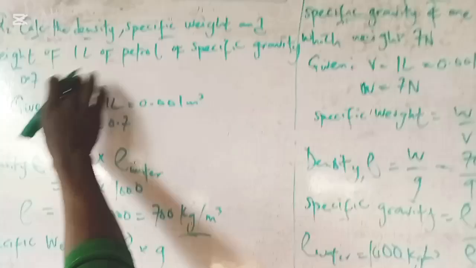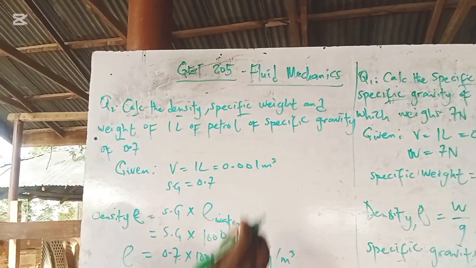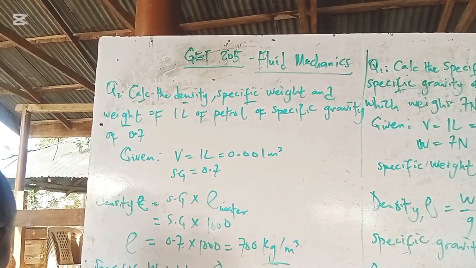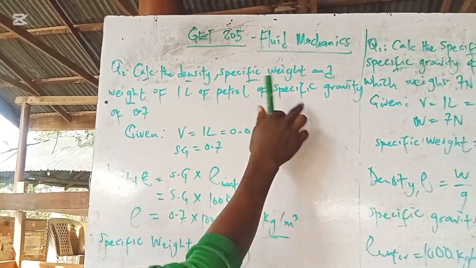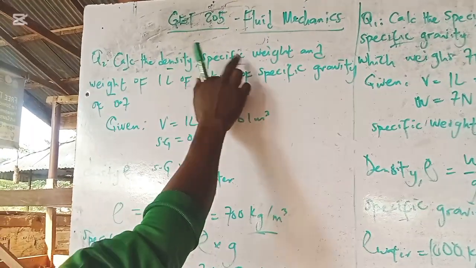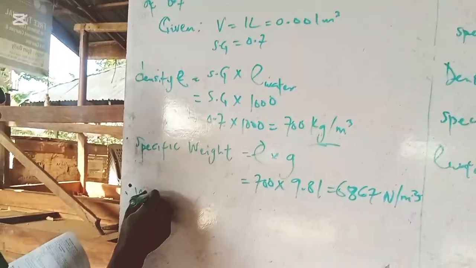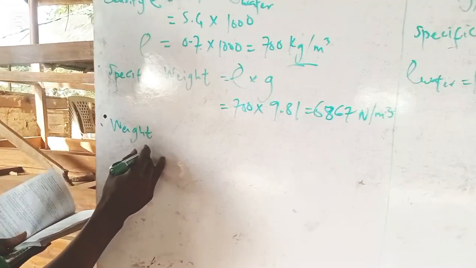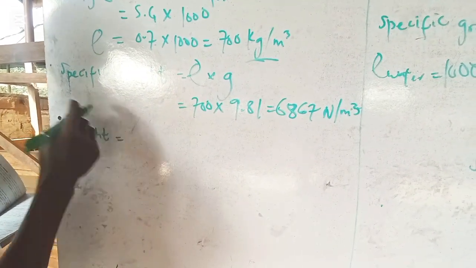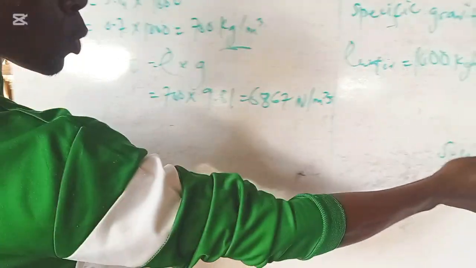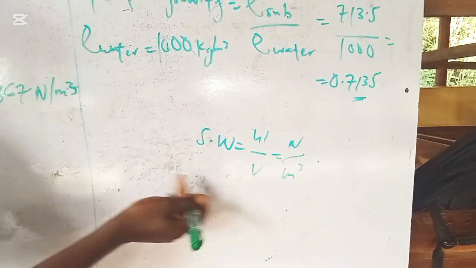So for the last one, weight. How do we do it for the weight that you asked for? I'm looking for weight now. Since specific weight is equal to weight over volume, we can get weight from here.